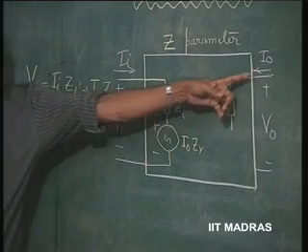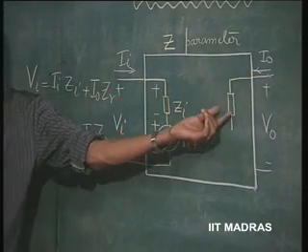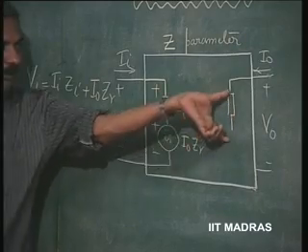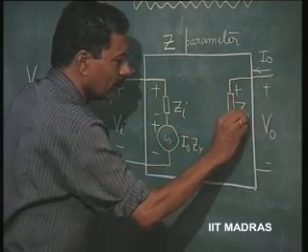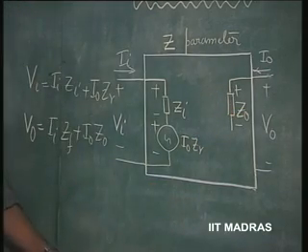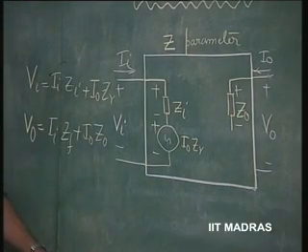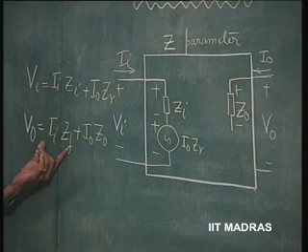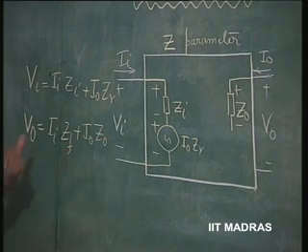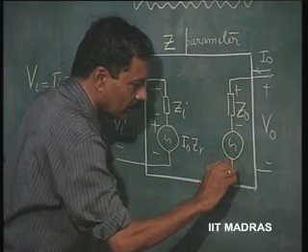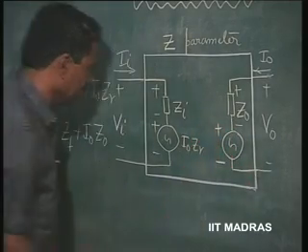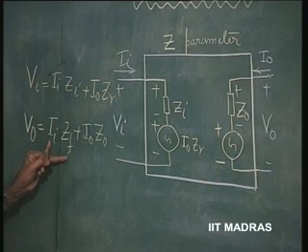The current in this is I0, so if I put an impedance Z0, the drop will be I0 into Z0. Next, I have a voltage here which is dependent upon the input current. So again, it is a source with a voltage equal to Ii into Zf.